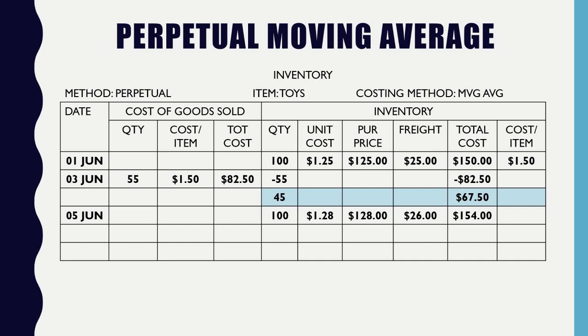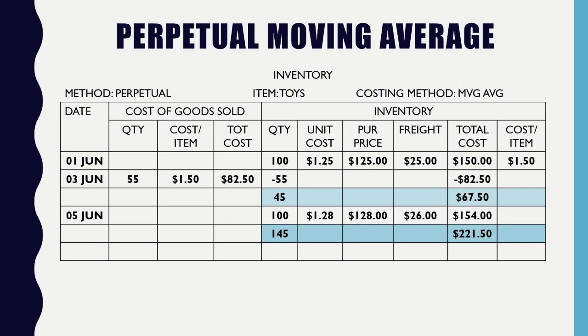Now this is where I have to stop, because I have a moving average. So this is where I'm going to calculate my grand total goods available on hand. I'm going to add this number, because now in my batch of inventory, I have 145 items, and it's going to cost me a grand total of $221.50.